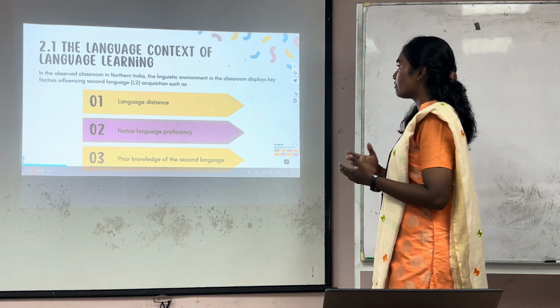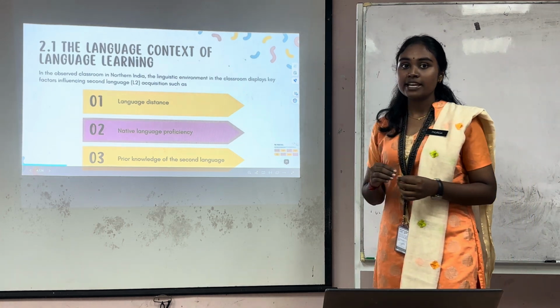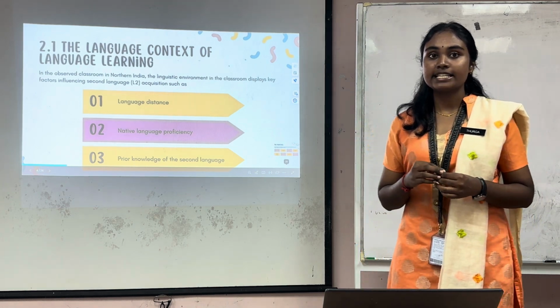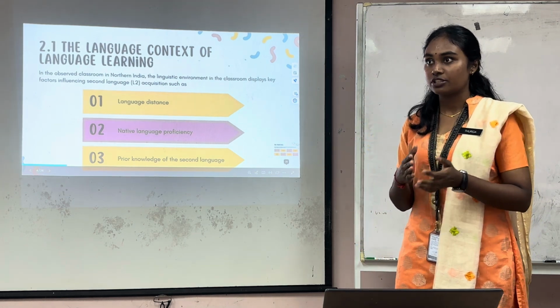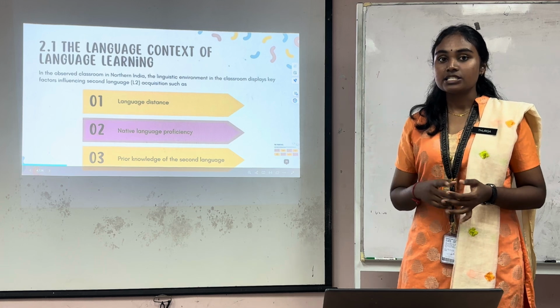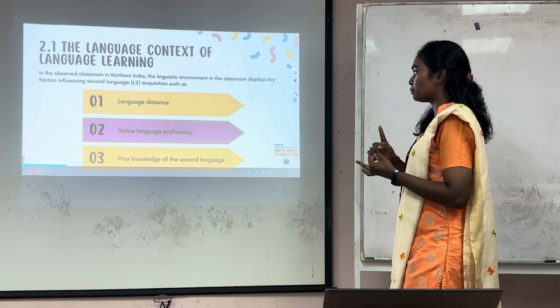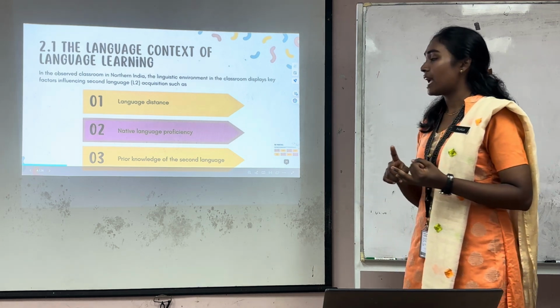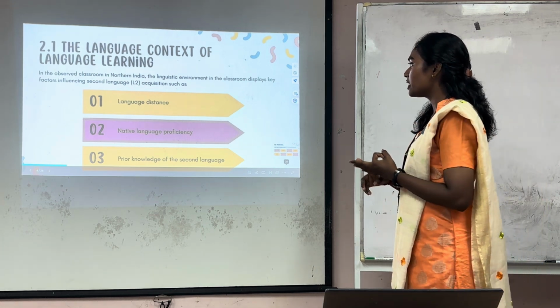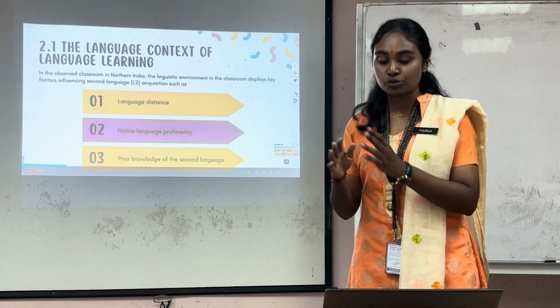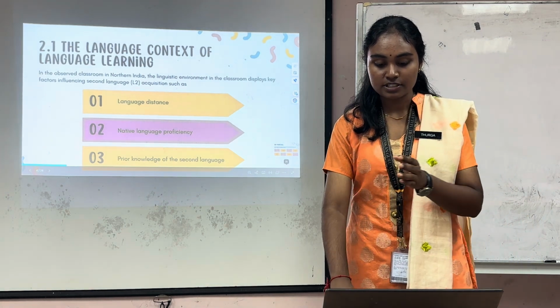The linguistic environment in the classroom displays some significant key factors influencing second language L2 acquisition of the students, such as language distance, native language proficiency, and the third one is the students' prior knowledge of the second language.